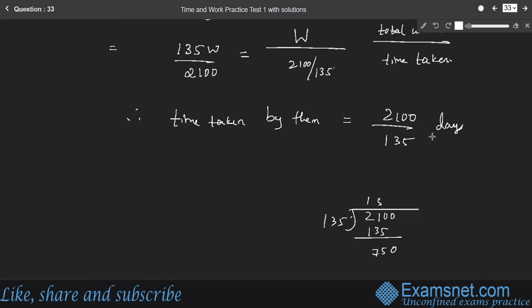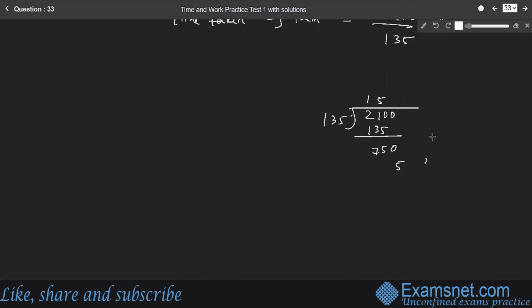Then 135 into 5, you can try, 5 into 5 is 25, so 675. Yes, 750 minus 675.